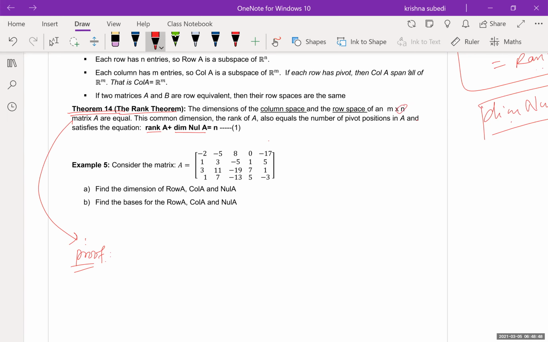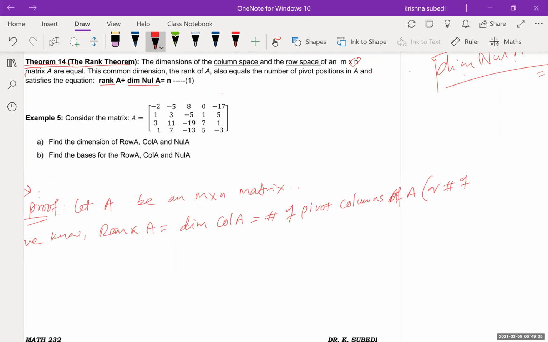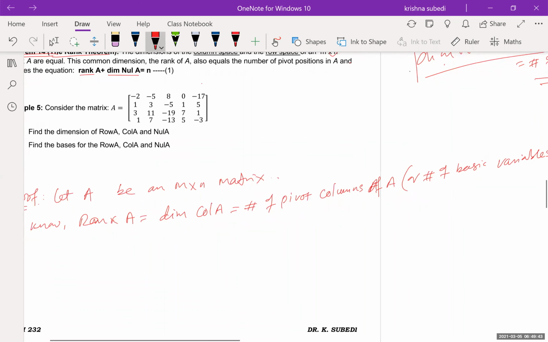So let A be an M by N matrix. Then we know that rank of A equals dimension of column space of A, which is the number of pivot columns, or you can say number of basic variables.